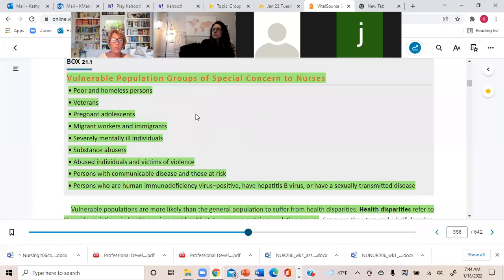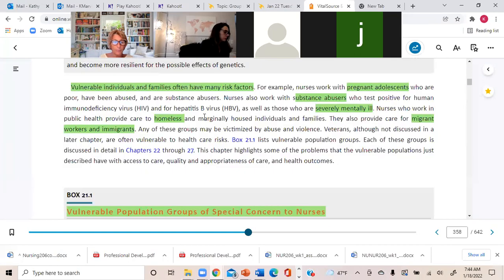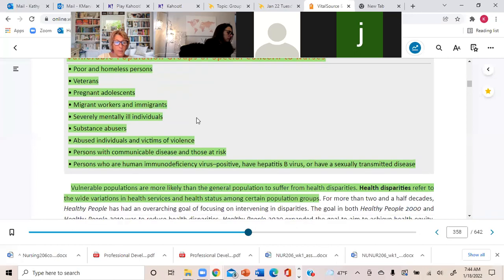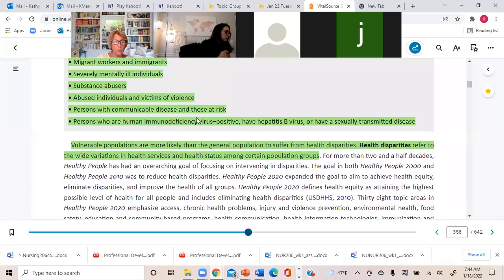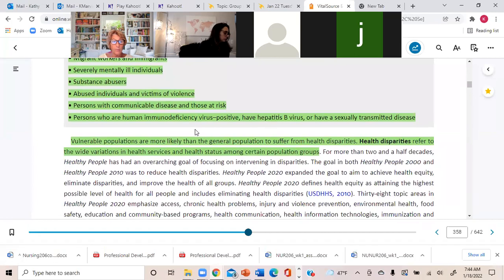Pregnant adolescents are considered, for purposes of this course, vulnerable populations. When it says pregnant women, that's not considered vulnerable. It's the pregnant teens, so please make note of that. We also talked about the mentally ill, substance abuse, victims of violence, people with communicable diseases, people with HIV.